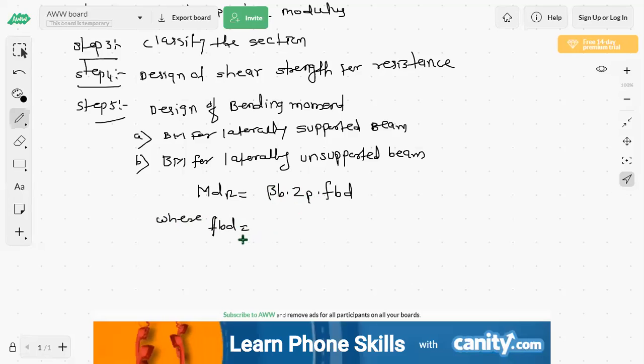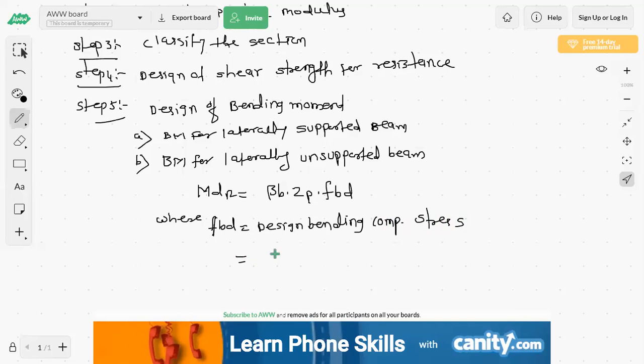FBD is equal to zeta LT into Fy divided by gamma m naught. So only zeta LT we have to add. What is zeta LT and how to calculate it, that we have to see.